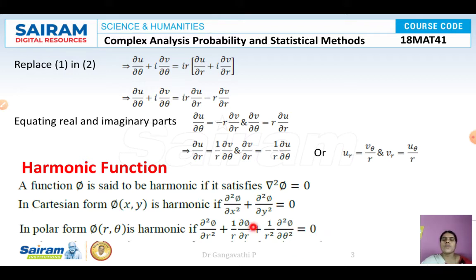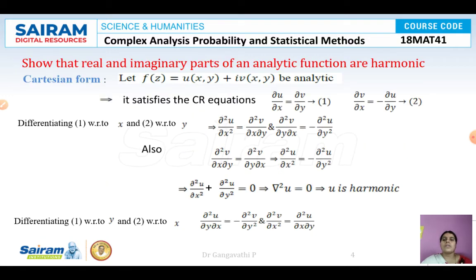This is called the two-dimensional Laplace equation in polar form. So any function phi, which is a function of x and y, or a function of r and theta, is said to be harmonic if it satisfies del squared phi is equal to 0. Okay, that is the definition of harmonic.